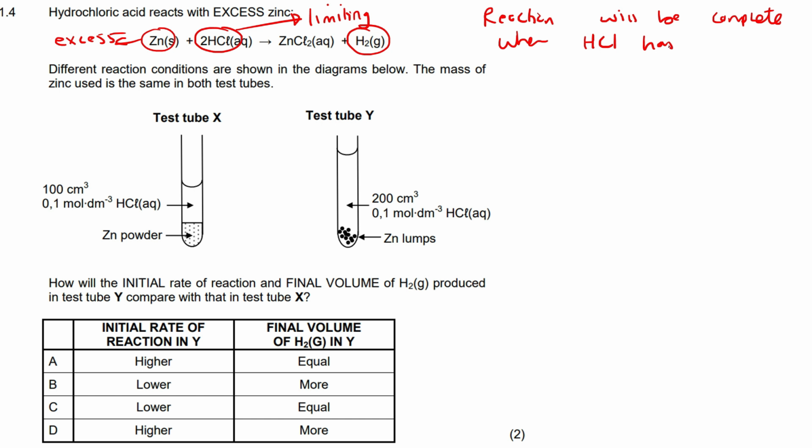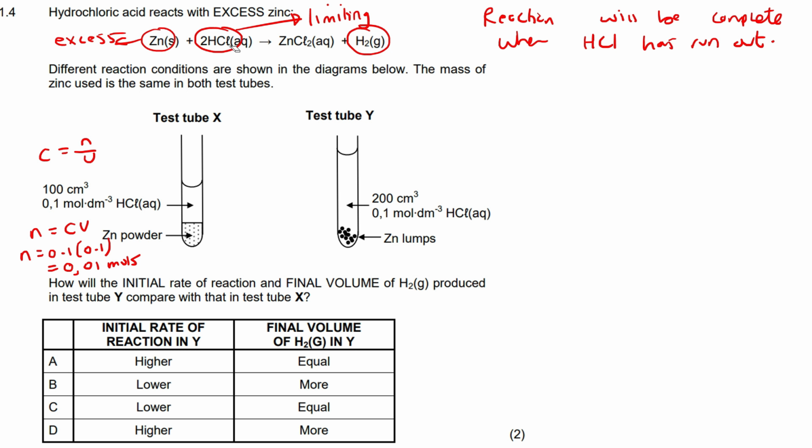HCl has run out. So what we can do is, if you look at this one, if you use C equals n over V over here, and then you change it to n equals C multiplied by V, if you work out the number of moles of HCl over here, you would get concentration as 0.1. Volume would be 0.1, because remember, this must be in decimeters. And if you had to work this out, you'd get 0.01 moles.